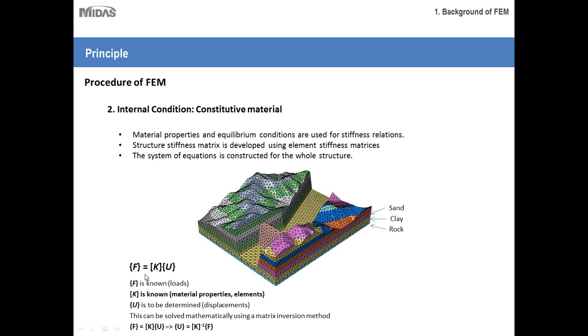Going back to the basics, as you know, force is equal to K times U, where force is the loads, K is the stiffness matrix, and U is the displacement.